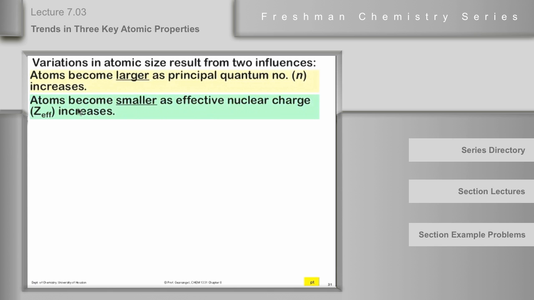Well, I better tell you a little bit about that. There's not too much in your book about it. The effective nuclear charge experienced by an electron in an atom is given by the total nuclear charge, which is Z, minus a screening factor, which represents how much the inner electrons screen that particular electron we're talking about.